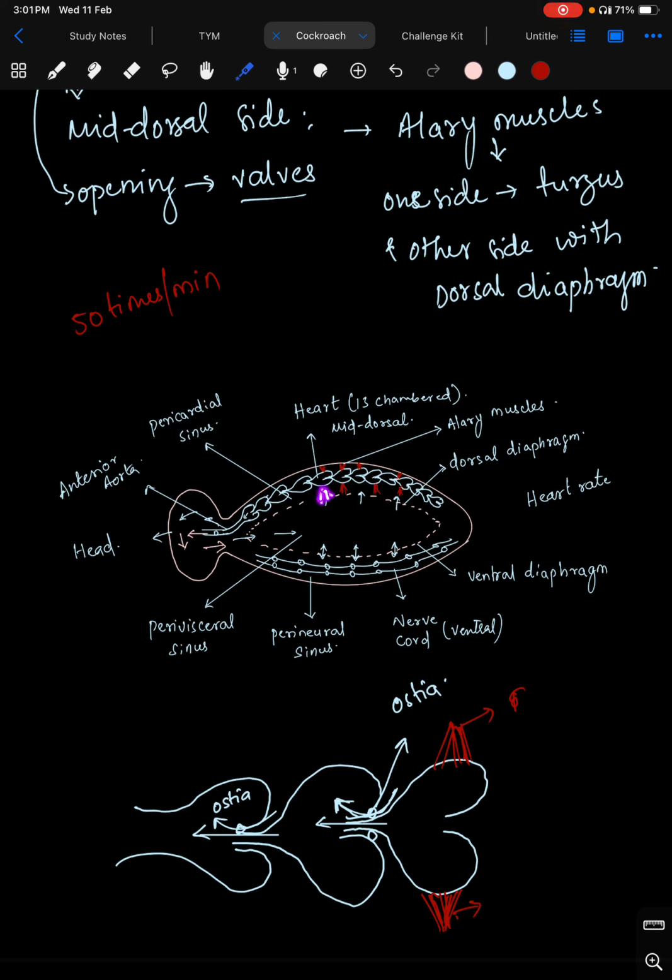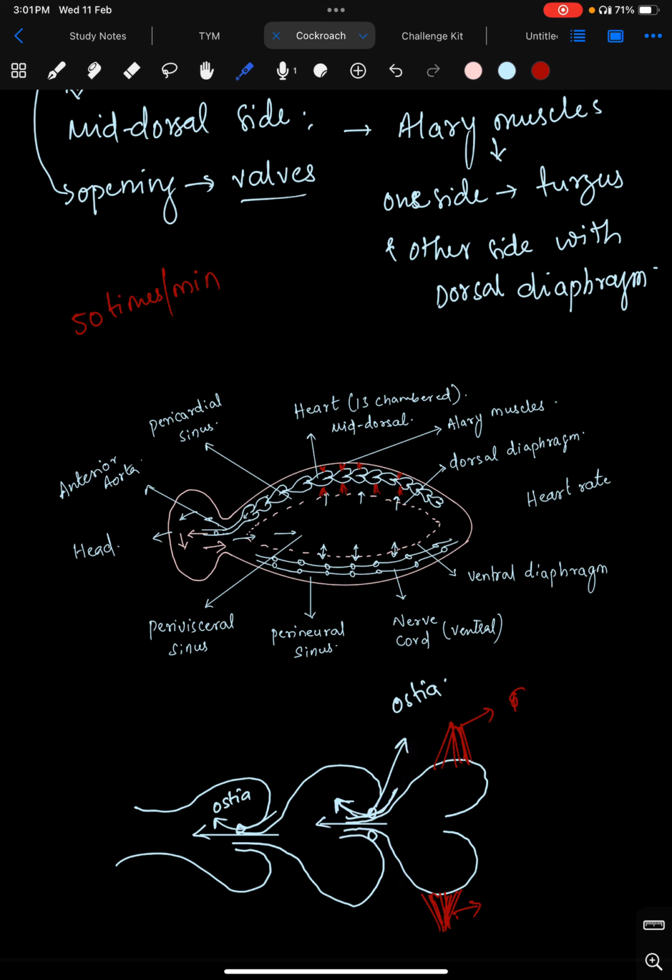How, we will see. Whenever the heart is in a relaxed state, the blood from the hemocoel enters inside the heart through the ostia.